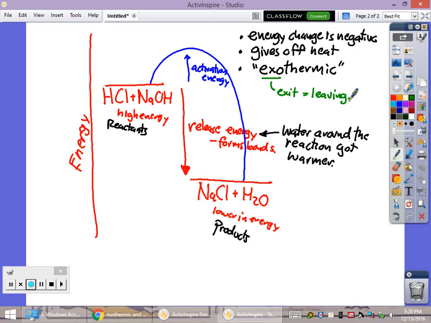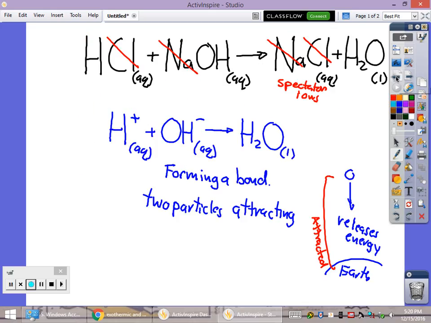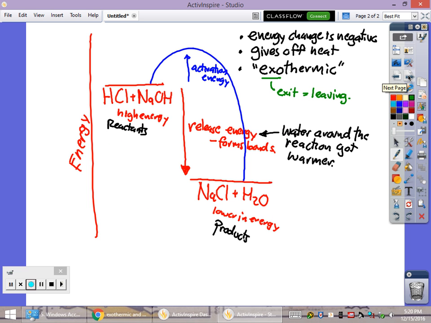This is one, though, that I like because you can connect it directly to the formation of a bond, because the only thing that's happening here is the formation of that bond between H plus and OH minus. And so as H plus and OH minus get together and form the water that's no longer breaking apart, it releases a bunch of energy, and we see that in the water getting warmer. And so that's an exothermic reaction.